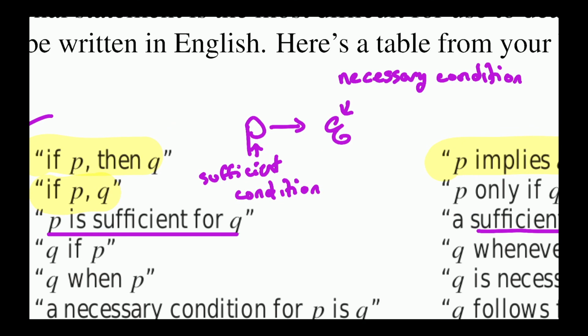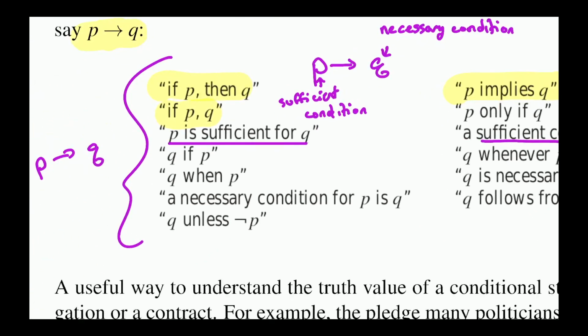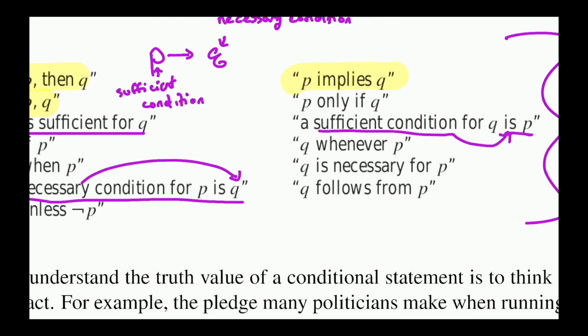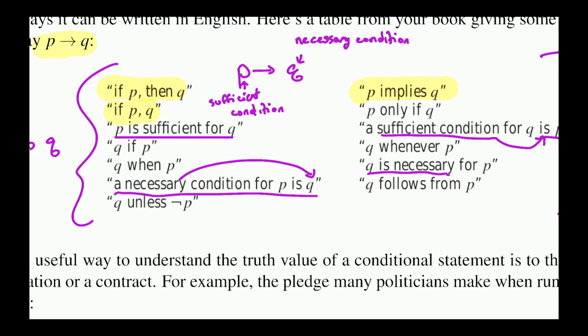And so you would be able to read a sentence like this, and then you would just be able to say, it says a necessary condition for P is Q. What is necessary? The Q is necessary. Because the whole point of being able to read this is being able to tell which one's the P and which one's the Q. And so if it's necessary, it's Q. If it's sufficient, it's P. And even if you don't like the wording, you still need to be able to recognize it when you see it.